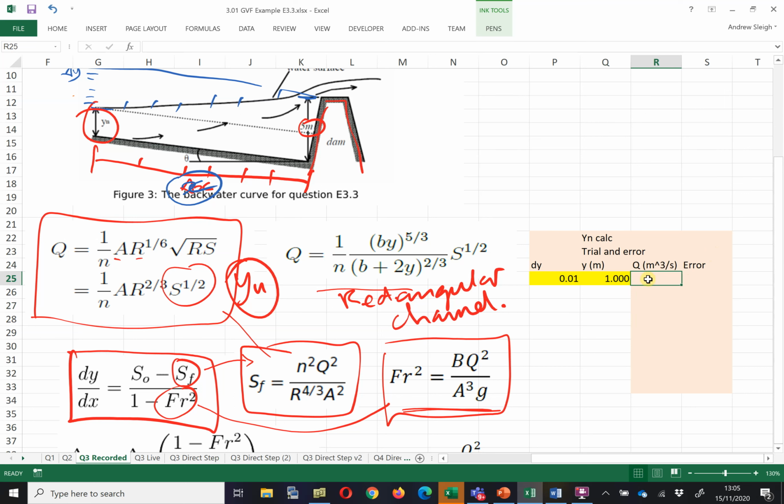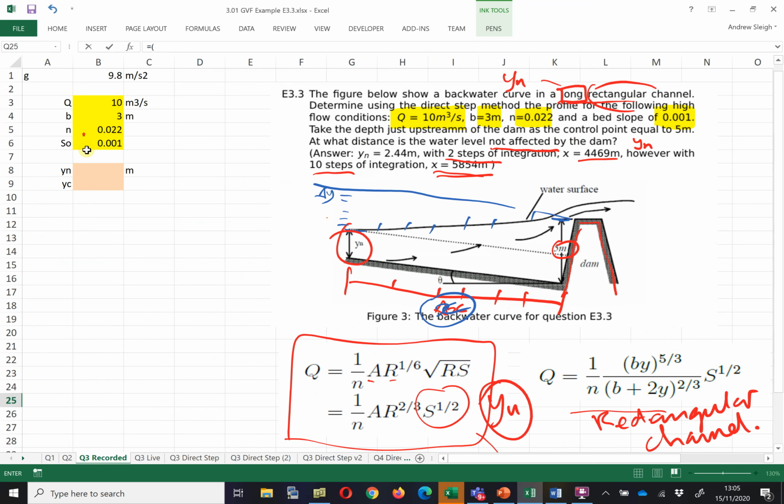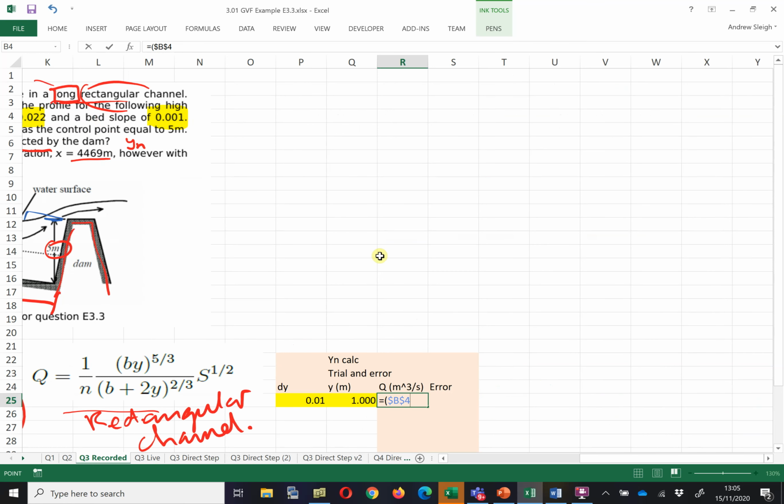So that's going to equal, let's have this bracket, sorry, not b, let's choose the value of b, times y, all to the 5/3.